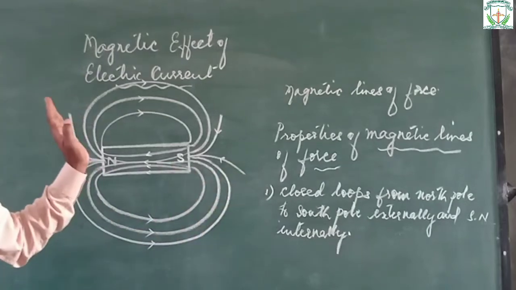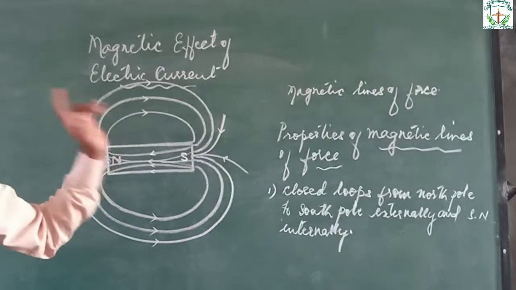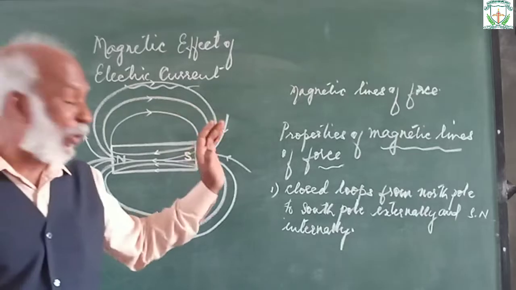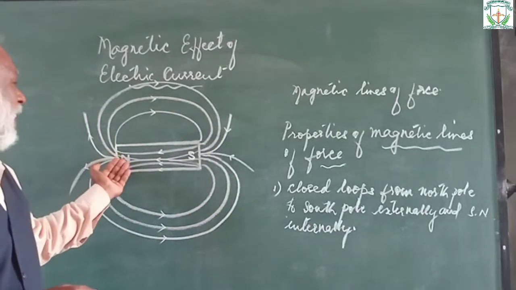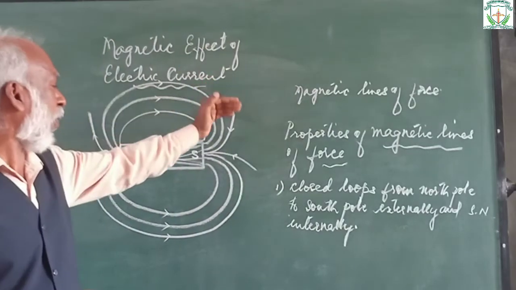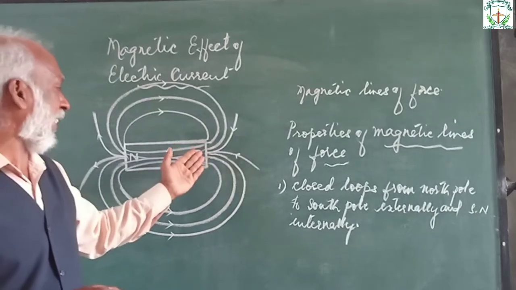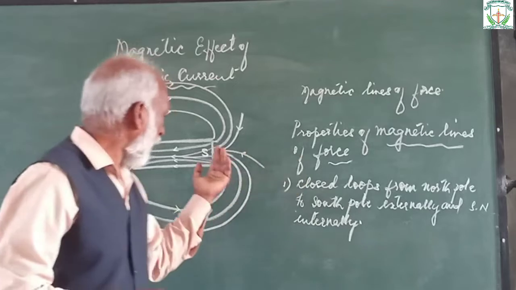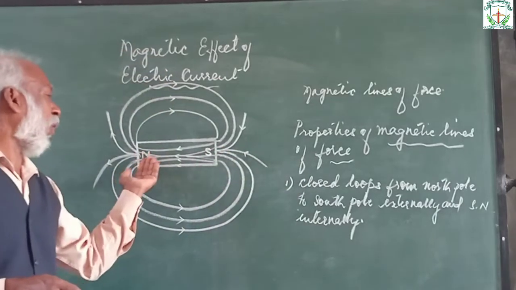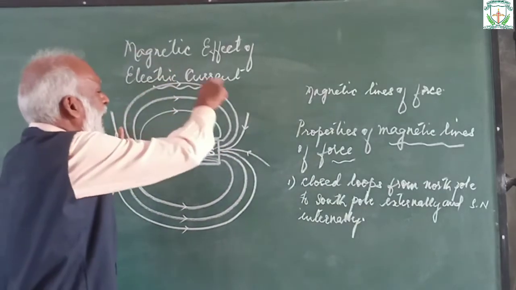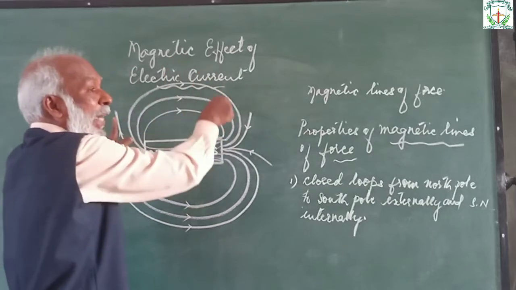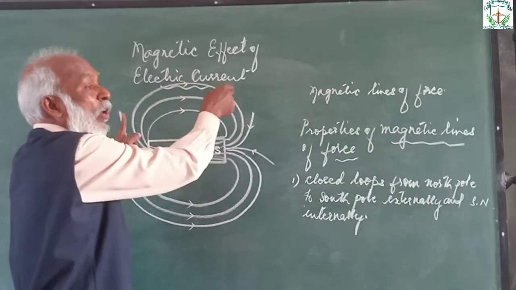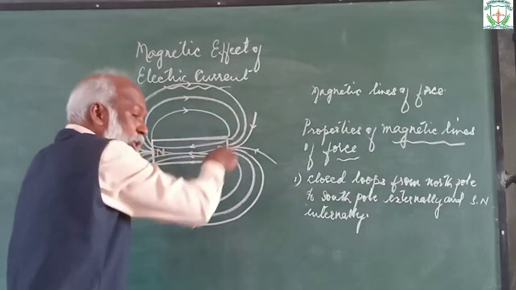They appear like closed loops, emerging from north pole and ending at south pole or merging at south pole externally, and from south pole to north pole internally. So each line of force is a closed loop.